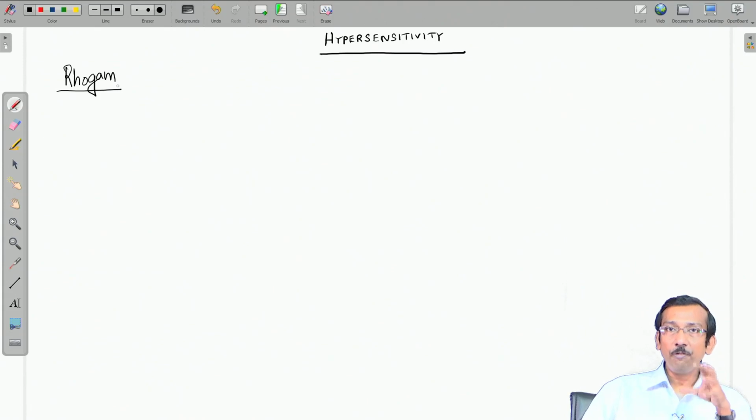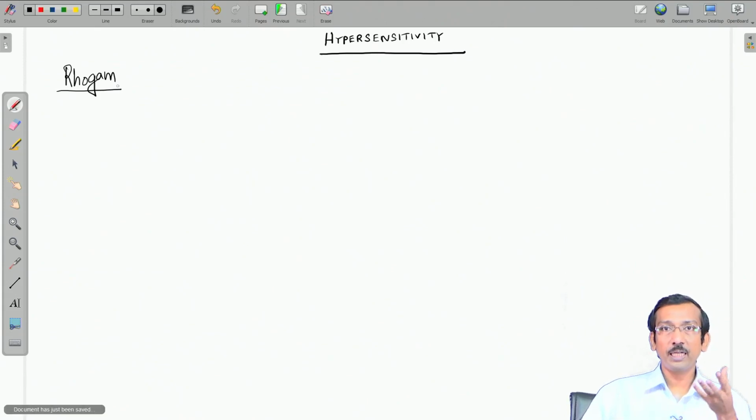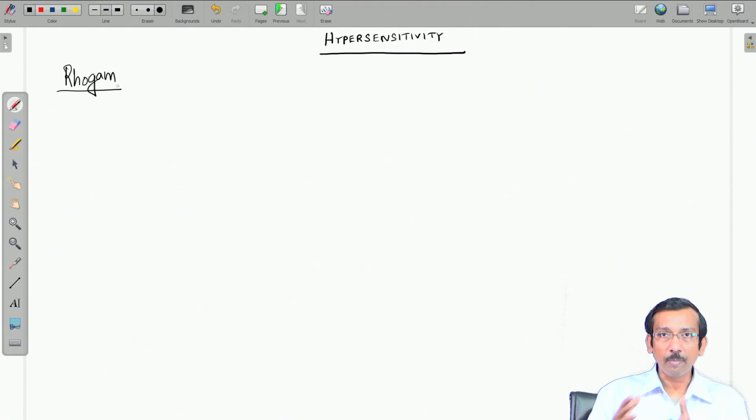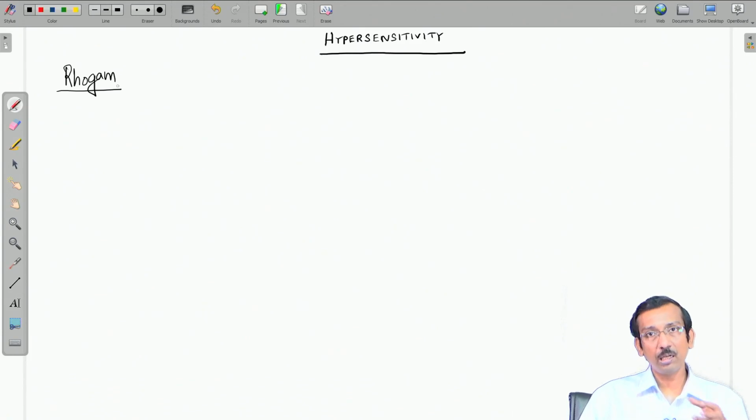And if there is this kind of antigen antibody complex formation in huge amounts, and there is deposition of these complexes particularly on the blood vessels or any other tissues, that can initiate or elicit a response which we describe as a type 3 response.